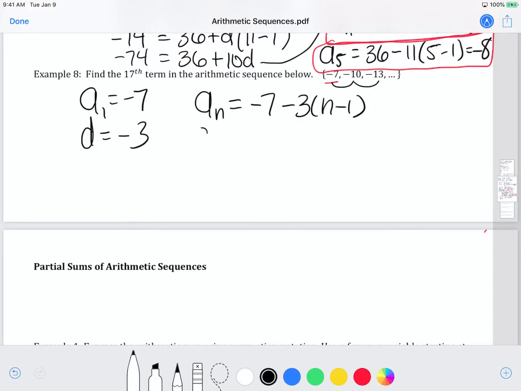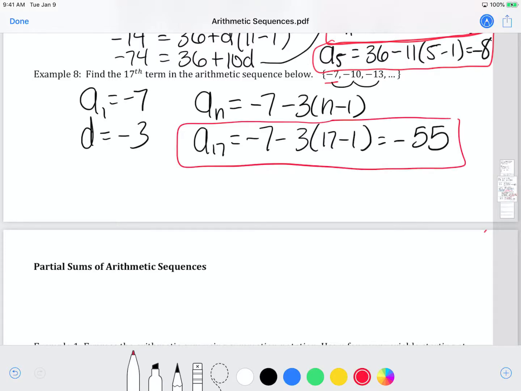So now to find the 17th term, I've got to plug in 17 for n. So I would have -3 times 16, because 17 minus 1 is 16. And then I'm going to add -7, and that's going to give me -55. So A17 is -55.